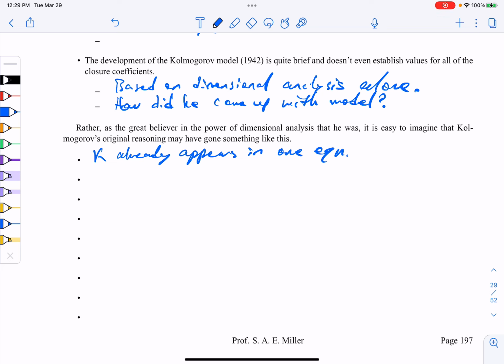It's possible that nu t is proportional to k or something like it. The dimensions of nu t go as length squared over time, while the dimensions of k go as length squared per time squared. I just use L and T, length and time.